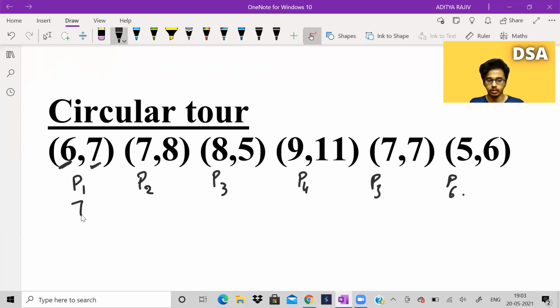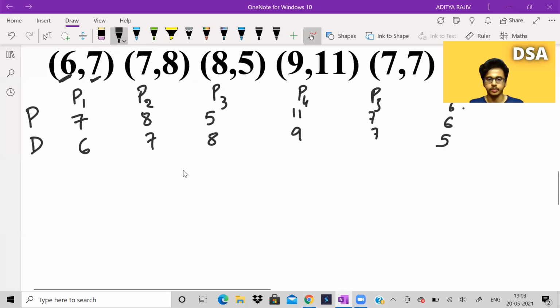So let me write down. So this is petrol amount, this is distance.